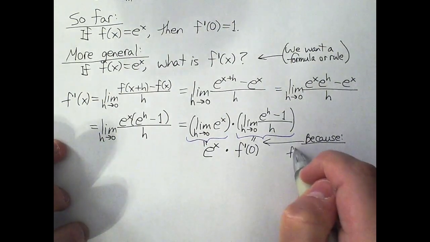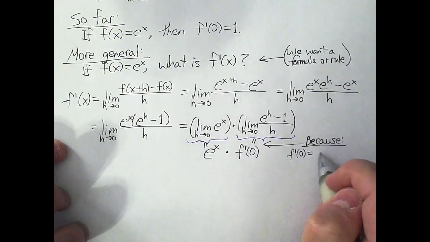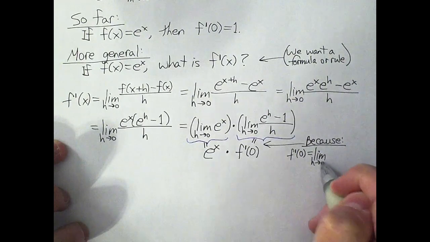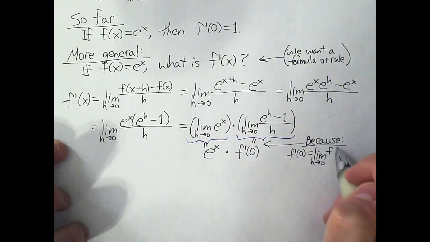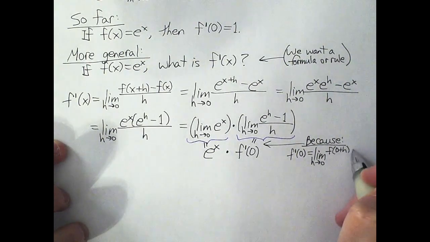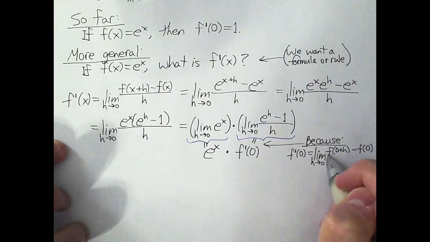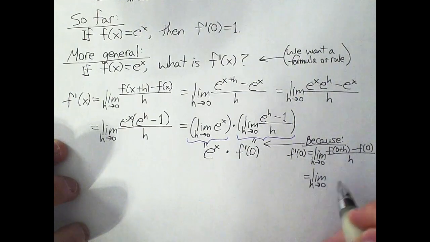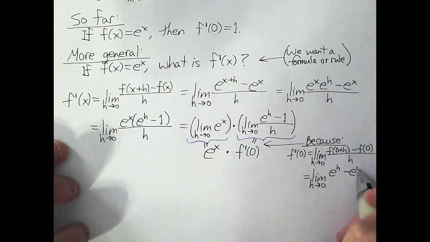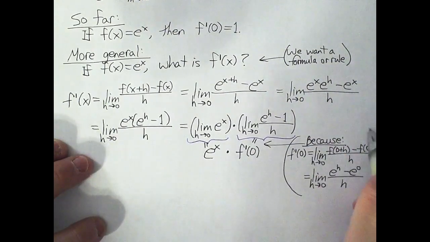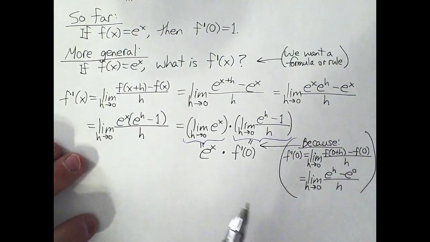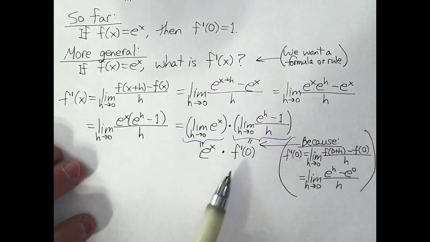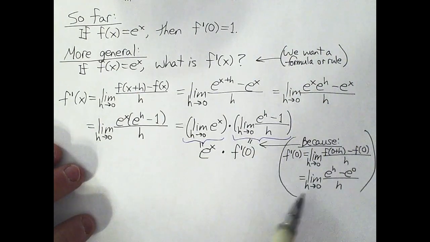It's because f prime of 0 would be the limit as h goes to 0 of f of, I guess, 0 plus h minus f of 0 over h. What would we have? E to the h minus e to the 0 over h. I'm going to put this in parentheses. It's kind of a side note. So this part of it just equals f prime of 0.